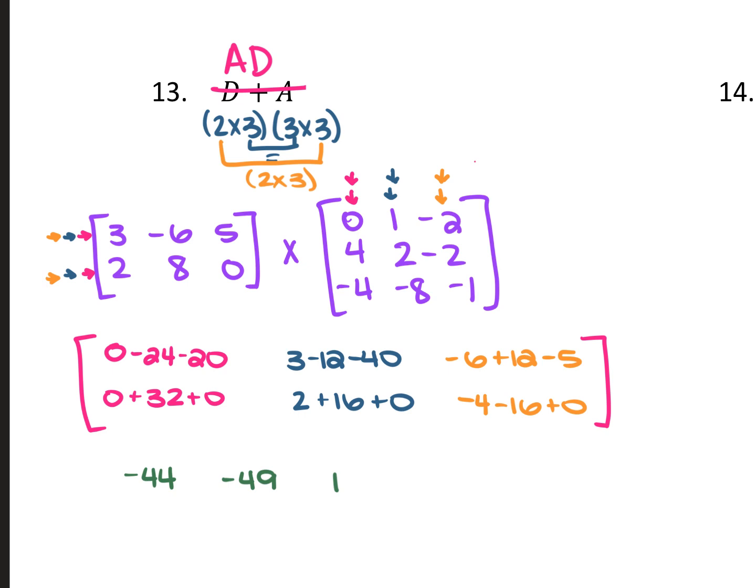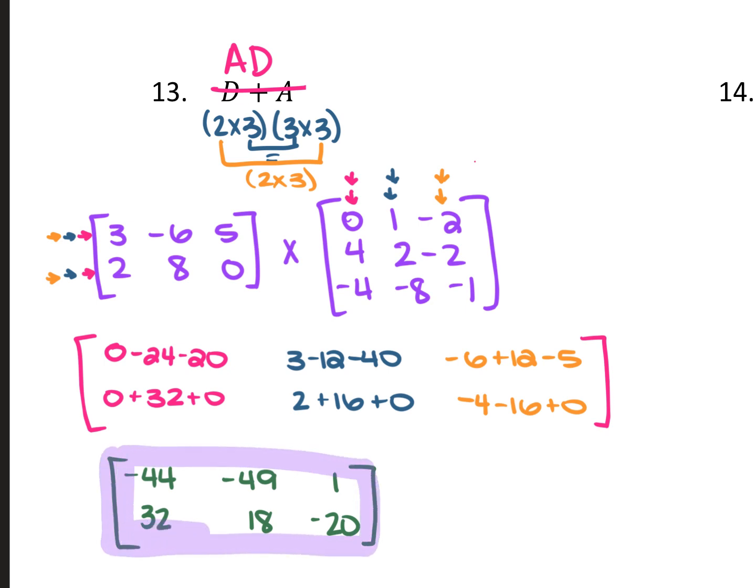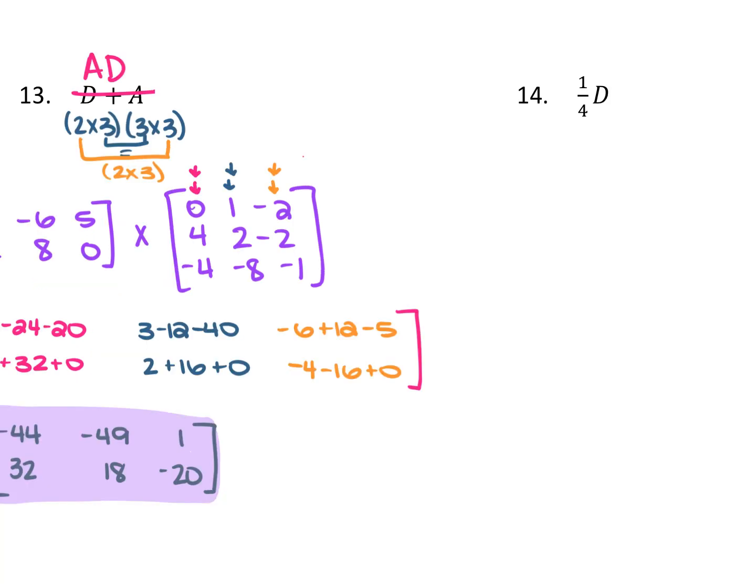Bottom row, you have 0 plus 32 plus 0, which is 32. Then 2 plus 16 plus 0, which is 18. And -4 minus 16 plus 0, which is -20. So that gives you your 2 by 3 matrix. That is your answer.